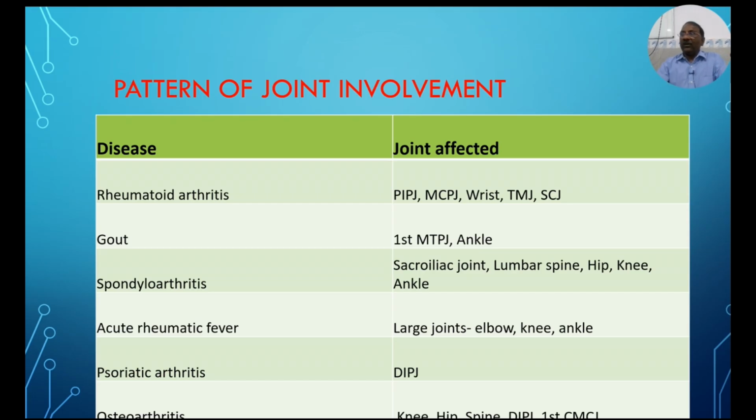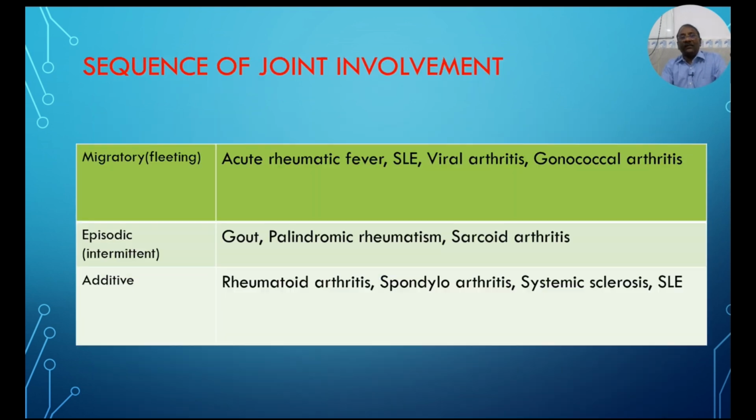Spondyloarthritis, sacroiliac joint, lumbar spine, hip, knee, ankle and finally bamboo spine. Acute rheumatic fever, migratory and the large joints. Psoriatic arthritis, small joints, distal interphalangeal joints. Osteoarthritis, large joints like knee, hip, spine, etc.